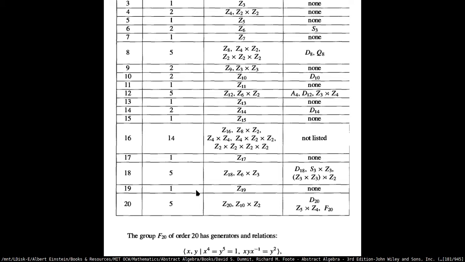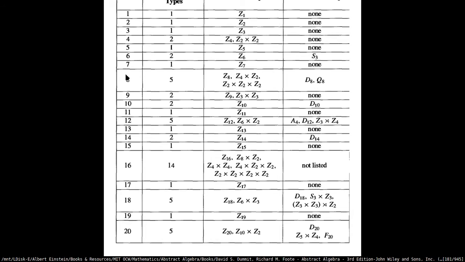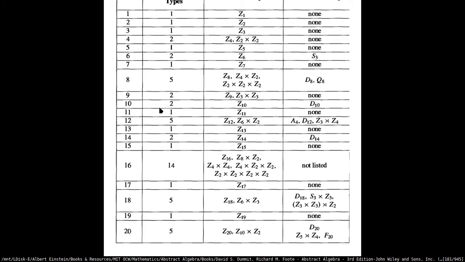Do you see this pattern? So that's D18. So that's got to be what we've got. Yeah. For order 8, you have 5 classes, and it has D8. For order 12, it also has 5 classes, and it has D12. For order 18, it has 5 classes, and it has D18.